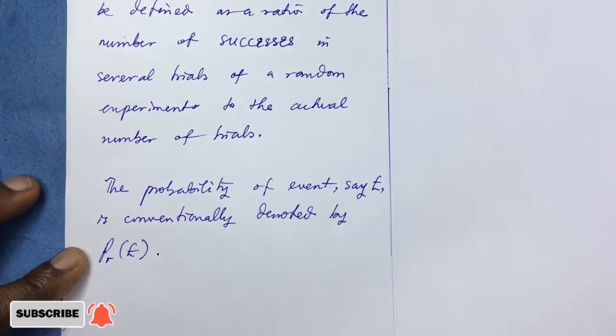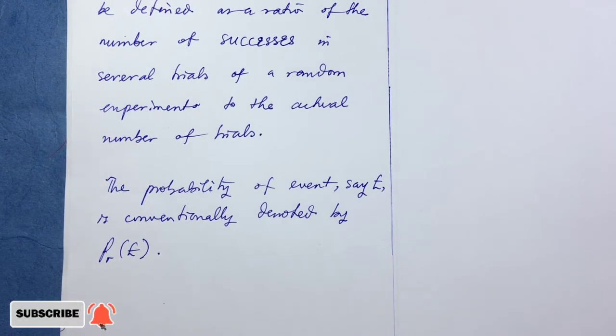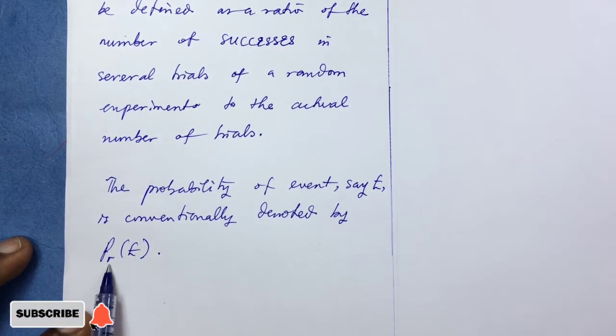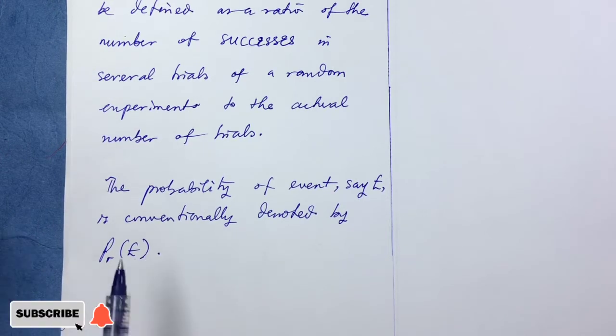So if I want to describe the probability of an event, I will simply write PR, standing for probability, in brackets E, standing for the event. So PR(E) would stand for the probability of an event conventionally.